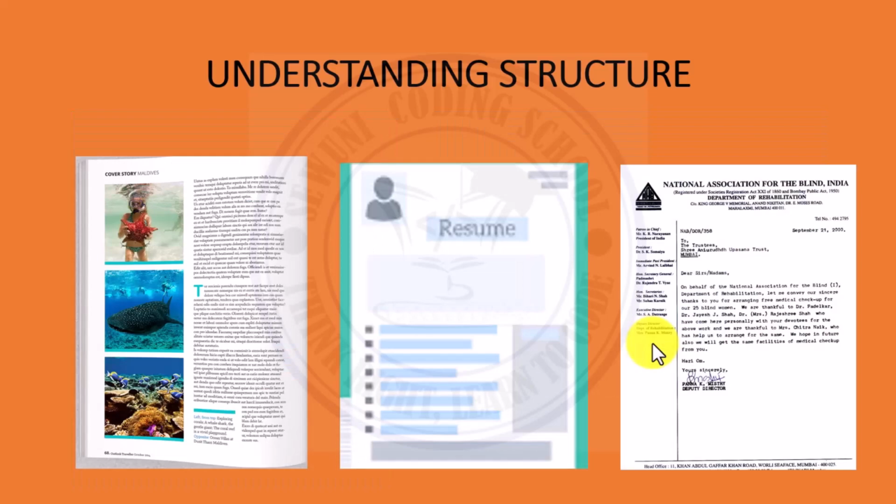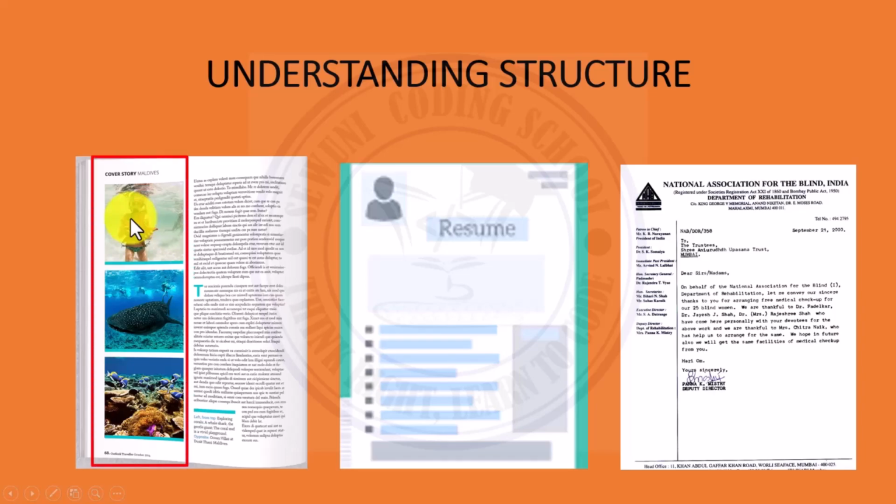These are all other documents. This is a magazine, and the magazine also has a kind of structure they want it to be designed in. This is an image. All the left column contains image, the right here contains paragraphs, and there's kind of a heading on top here. This is another resume.